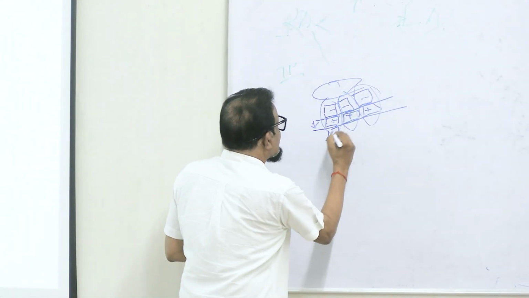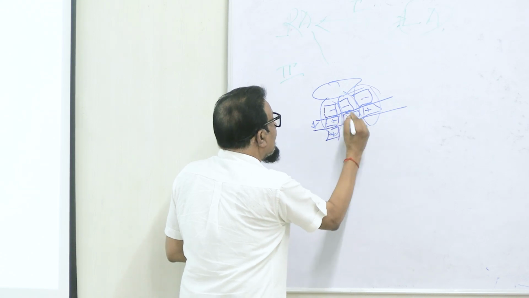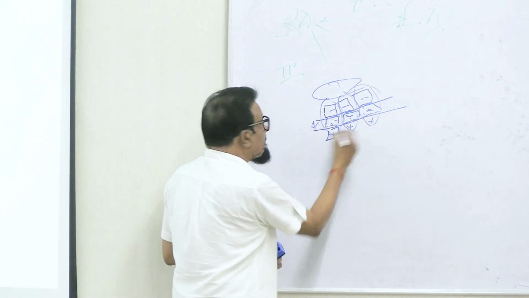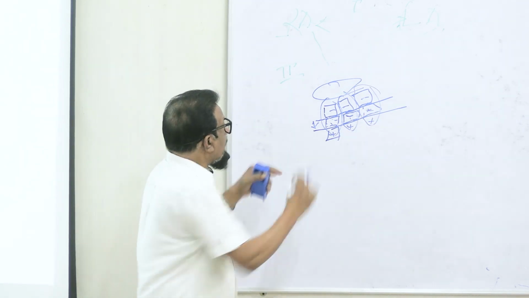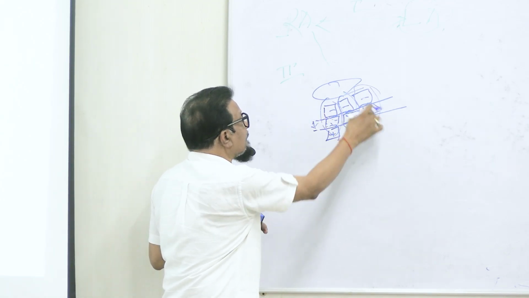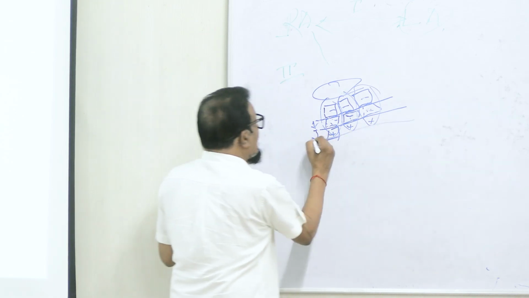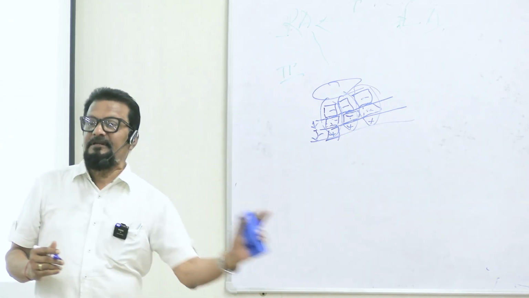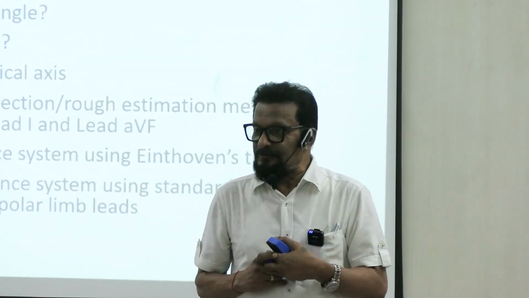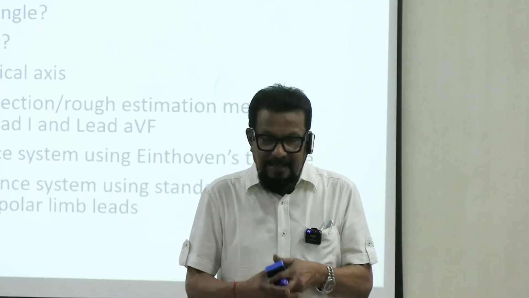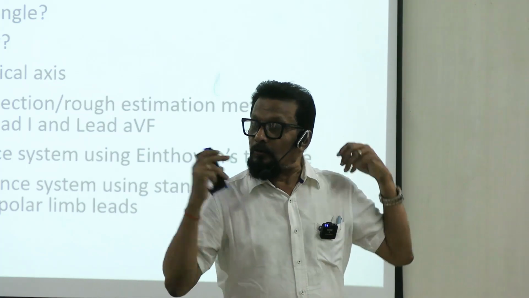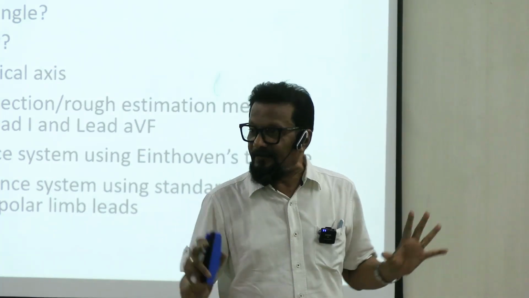Again, these cells which are positive will become negative. There will be a new area where current will flow from here to here. Again, this activation front will proceed further. In this way, numerous dipoles are formed, and this activation front proceeds, covering the whole atrium.